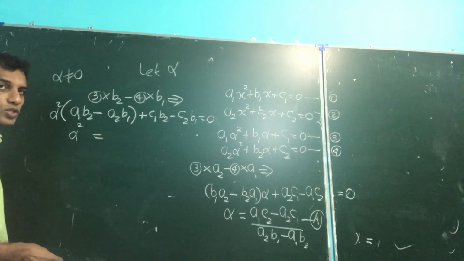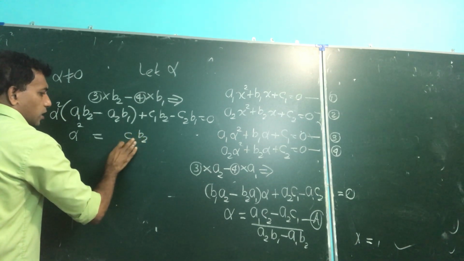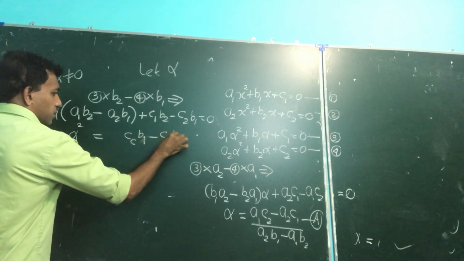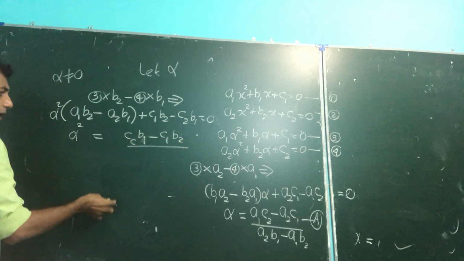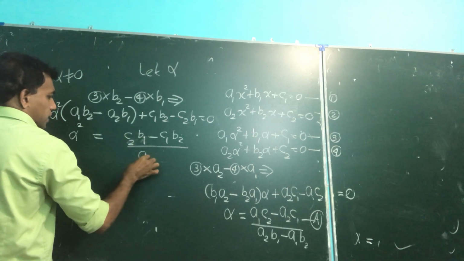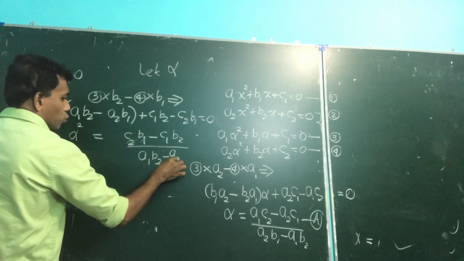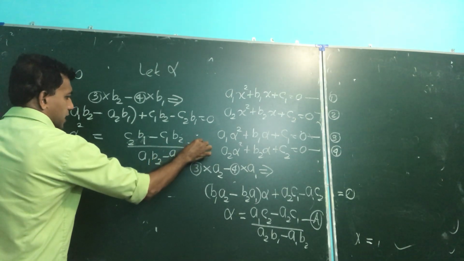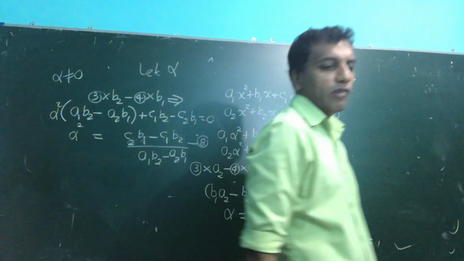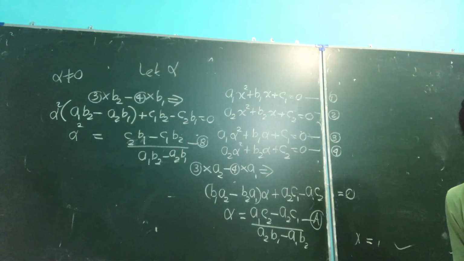Subject alpha square: C2 B1 minus C1 B2 divided by A1 B2 minus A2 B1, right? Say equation B. So I found the alpha and the alpha square separately. This is the method when you work with common root problems, right?